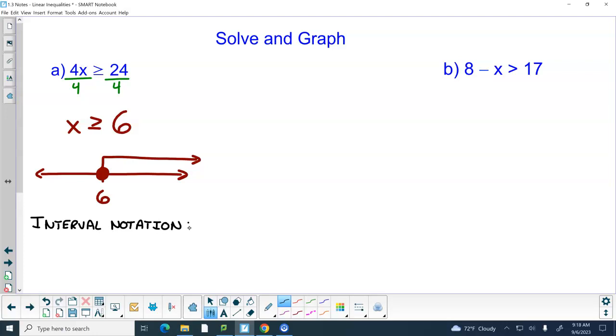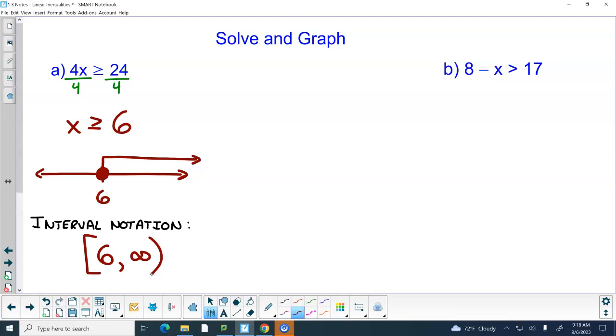And it goes to infinity and negative infinity, with parentheses always at both infinities. So this is saying that the smallest this answer could be would be 6, and it's going to go on forever, so it's going to go to infinity. Because it can be equal to 6, it's a bracket. Because you can never get to infinity, it's a parenthesis.